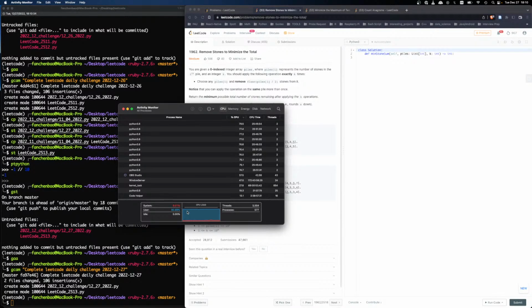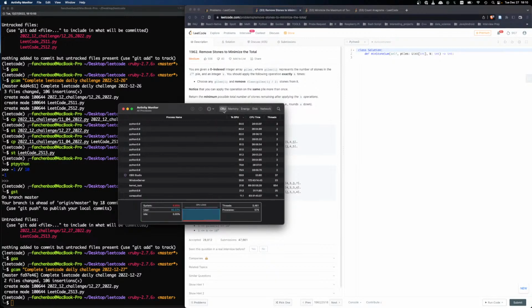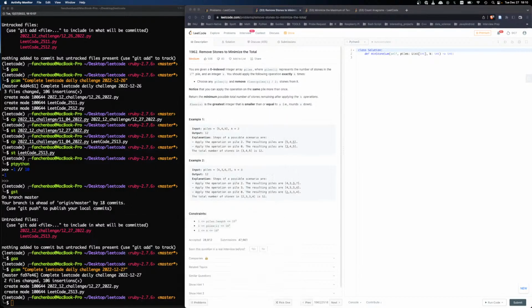It's 100%, and I have 10 of these running. The speed might have something to do with the memory, but the memory is still low, not really that heavy. But wow, with that heavy CPU, it's still working pretty well. I'm seriously impressed.